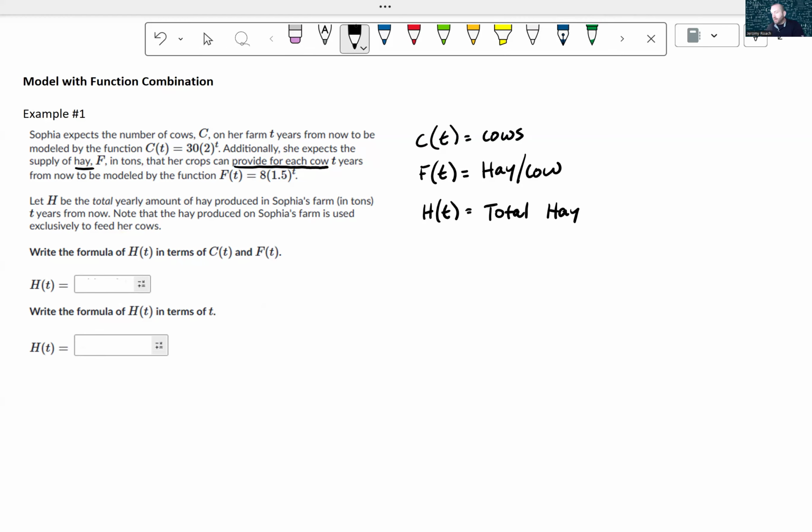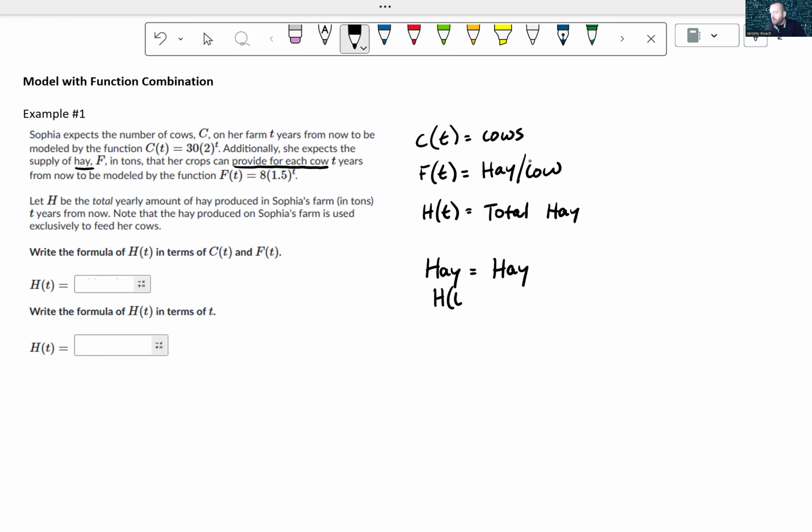So now we have to decide to write a function H of T with C of T and F of T. What operation or operations do we have to do to make H of T a true statement? So we're saying H of T is the total hay. So we really need to figure out now what do we have to do with cows and hay per cow to make that equal hay. So we want this to be hay equals hay for our final equation.